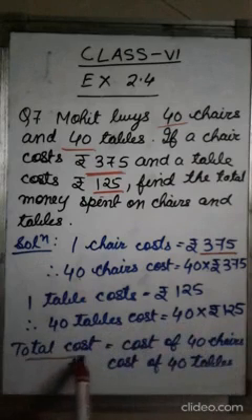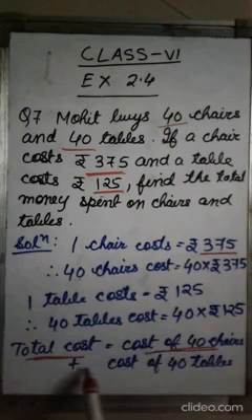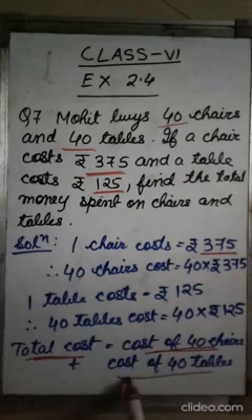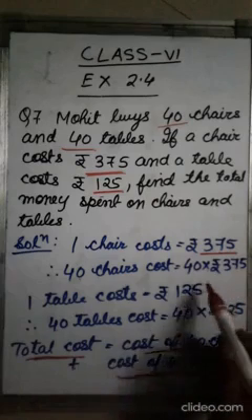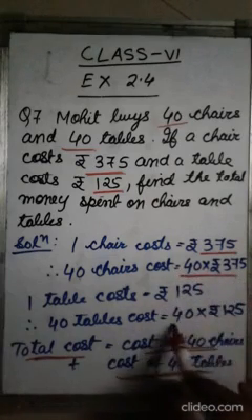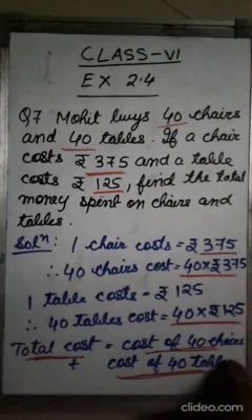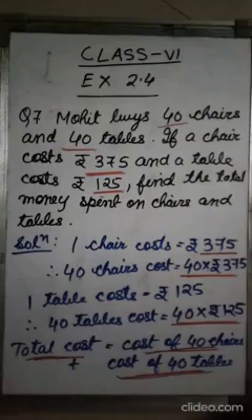So the total cost is the cost of 40 chairs plus the cost of 40 tables. The cost of 40 chairs is this much and the cost of 40 tables is this much. In our next step, as I do not have much space, I am rubbing it and writing it again.